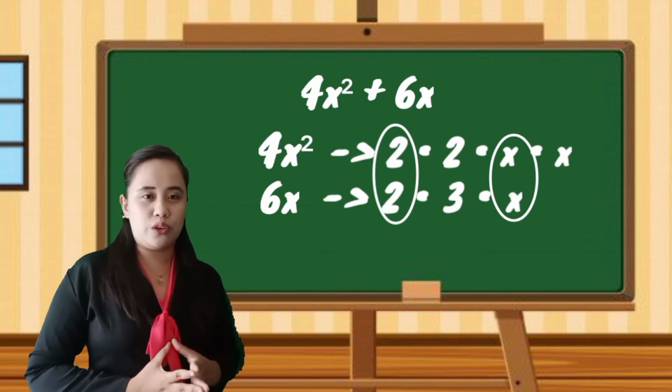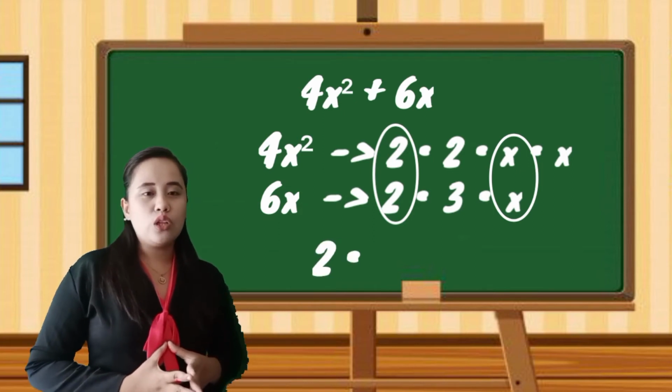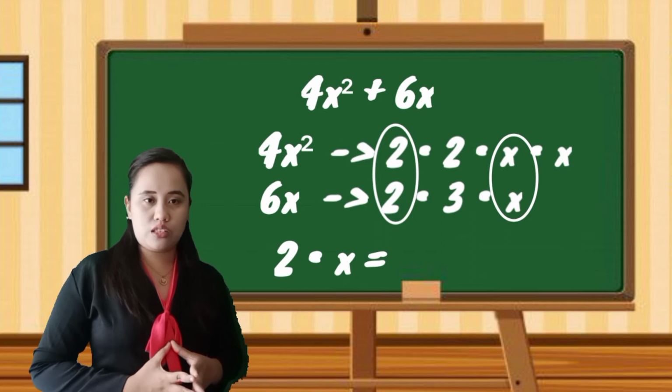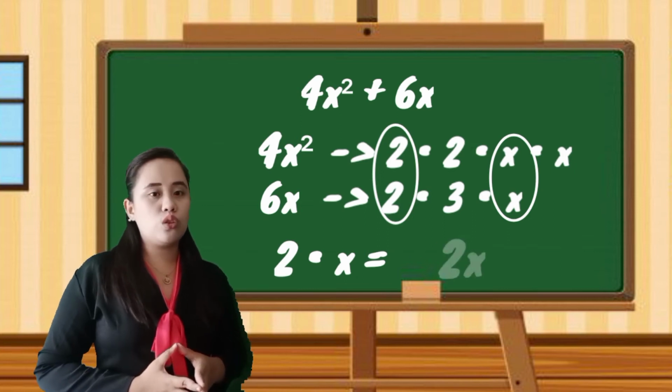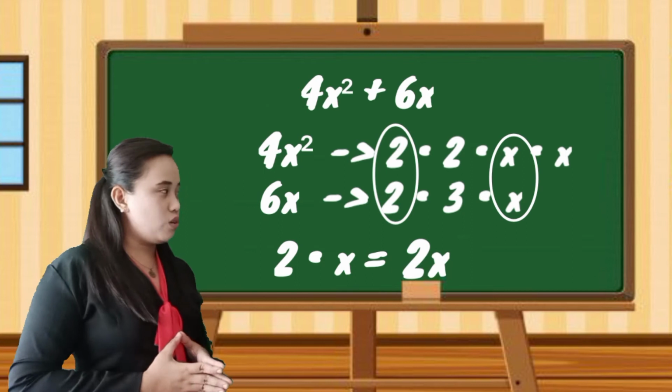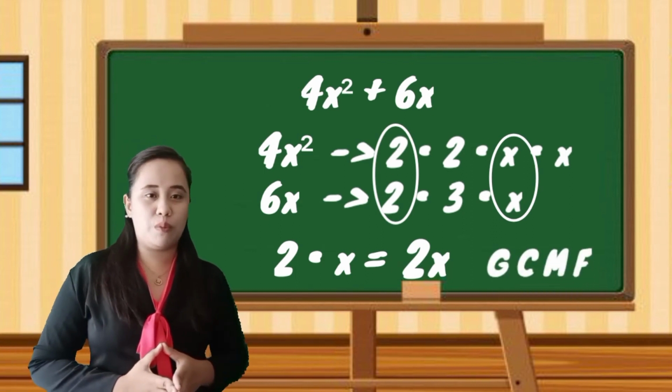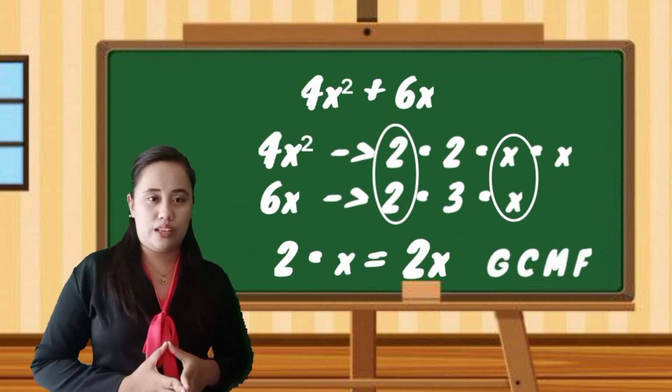Multiply the common factors. So we multiply 2 times x, which yields 2x. So we can now say that our greatest common monomial factor is 2x.